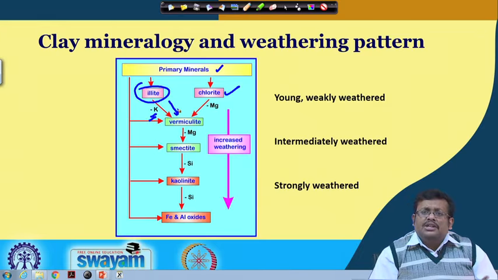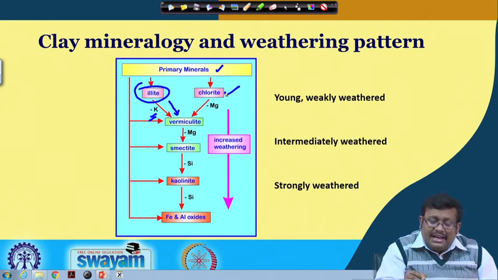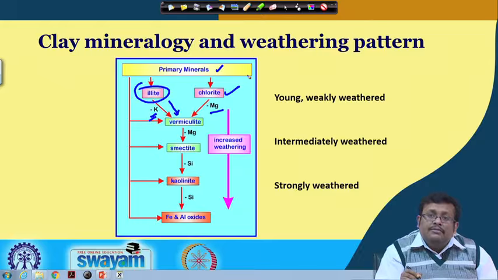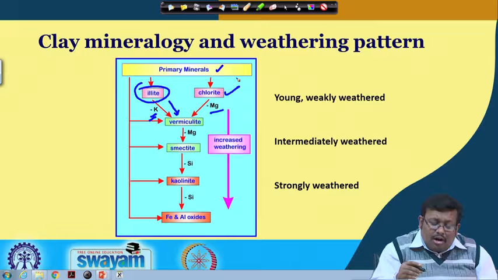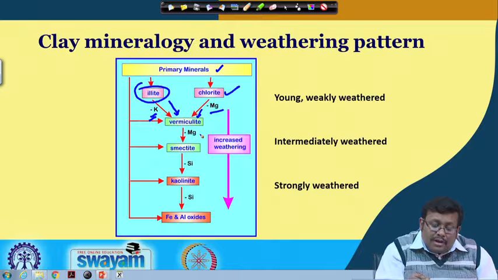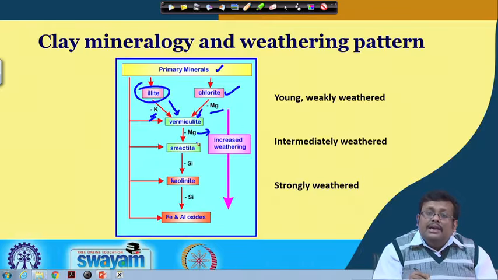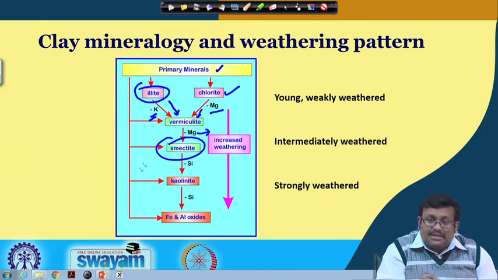When the interlayer potassium is replaced, it will be converted to vermiculite. Similarly, in chlorite, when the magnesium is weathered or removed, it will ultimately produce vermiculite. And from vermiculite, when the interlayer magnesium is further reduced or removed, it will produce smectite.